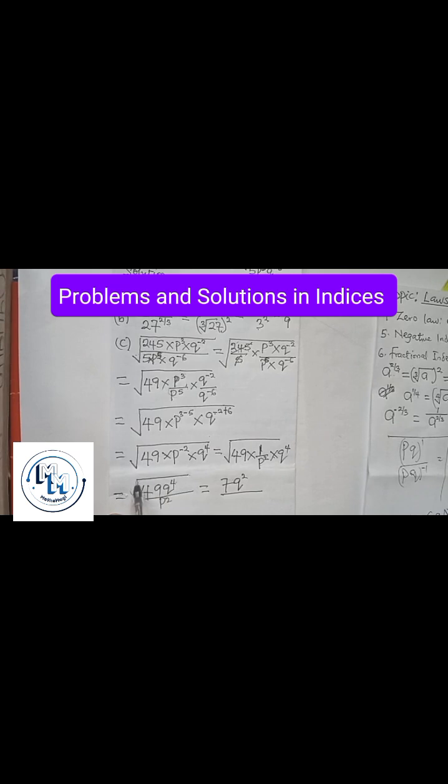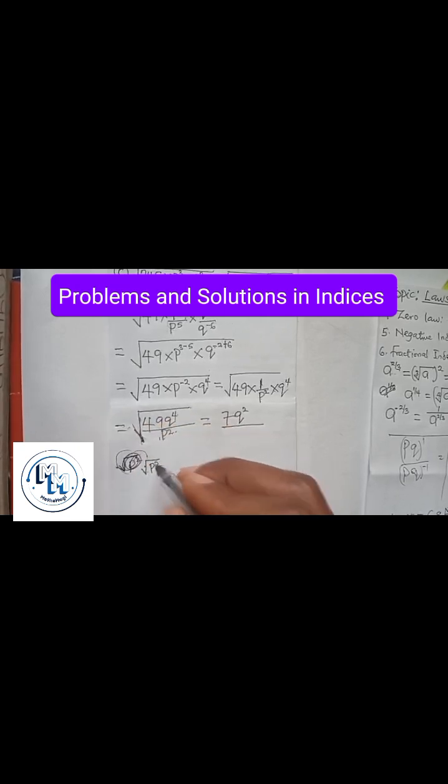Now remember that this is something like taking the square root of p squared. Is that okay? So it's more like saying, let me just say this is p squared here. Remember, this sign means power half. Is that okay? So this p power 2 inside the square root is what it means.